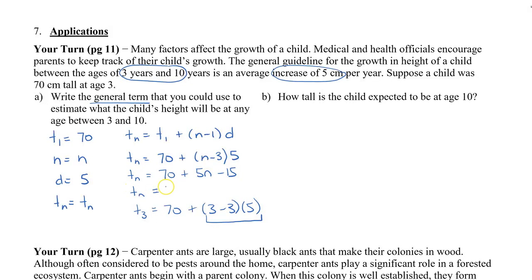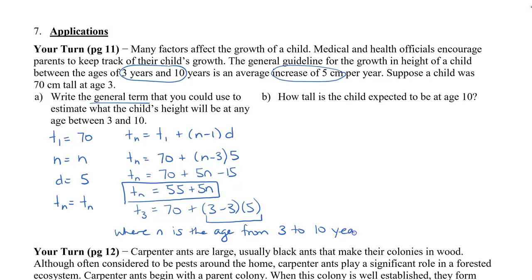Oh, sorry, 70 minus 15 is 55, plus 5n. So this is my general term. And I'm going to add that n is the age from 3 to 10 years. This formula doesn't apply when they're 1 and 2 because there's a different formula there.